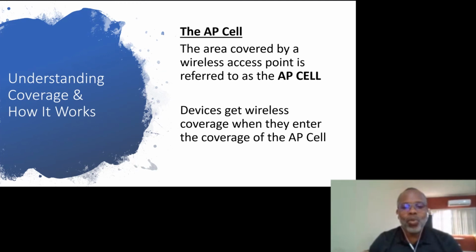Devices get coverage when they enter that access point cell. If you're not within the cell, you don't have coverage. So when you hear people say things like, I'm not getting any wireless signal, my phone, my device, I can't browse properly, you're a little bit more knowledgeable now. You have to be within an AP cell to be able to get coverage from that access point.